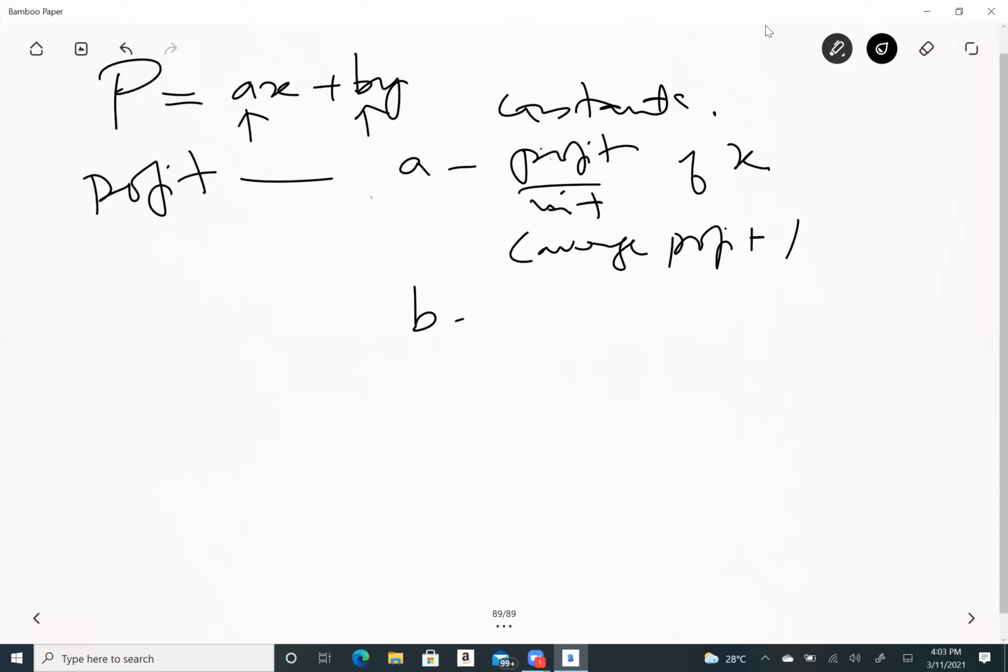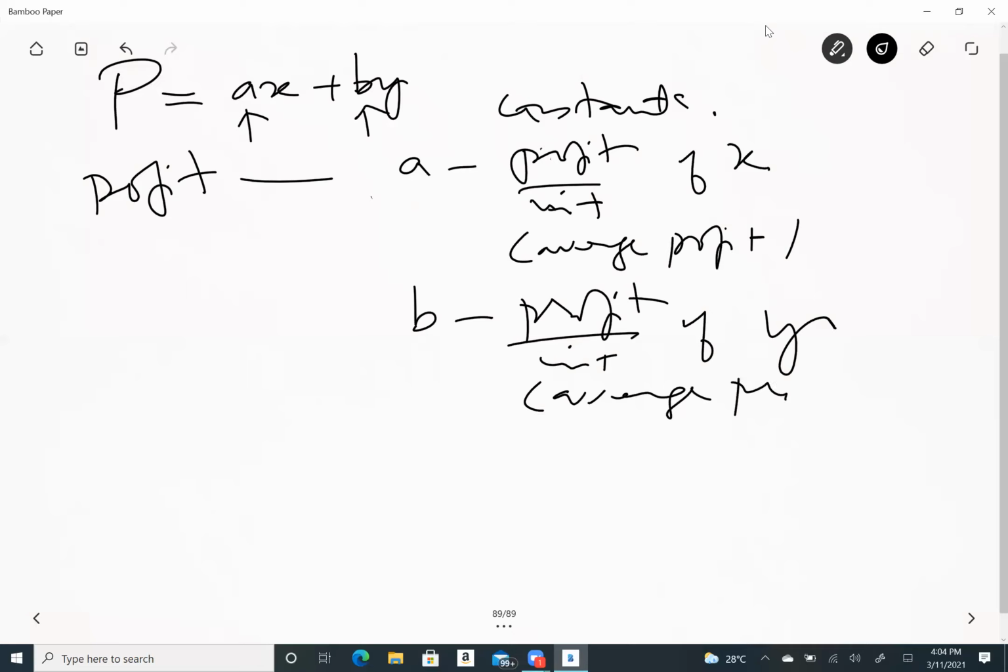B, the coefficient of Y, is the profit per unit of Y. So that is the average profit of Y. Now, that is the objective profit.